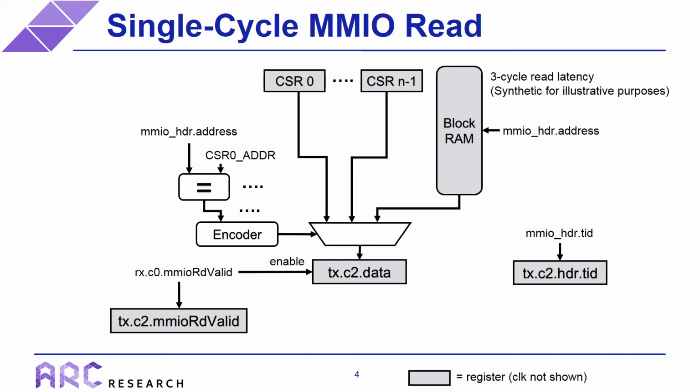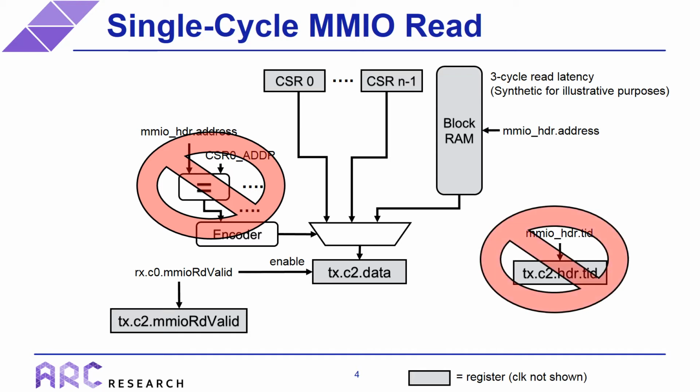So the problem is now when you have a 3-cycle read latency, if you use the exact circuit that is shown here, basically the address that is being used to create the select line for the mux sets that select before the data from the block RAM is available. Likewise, the transaction ID is going to be provided 2 cycles too early.